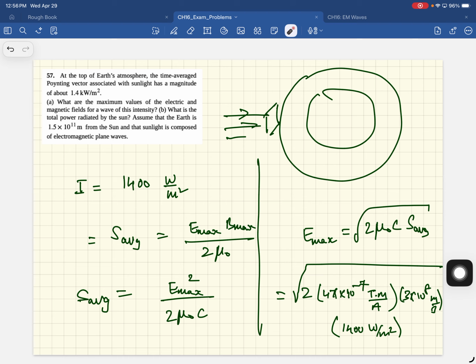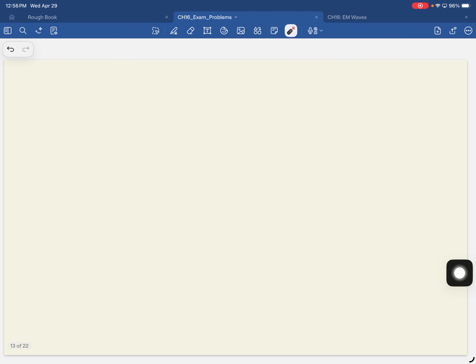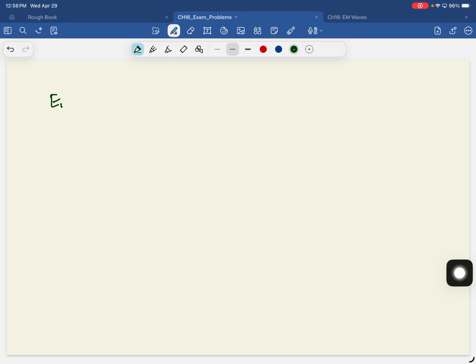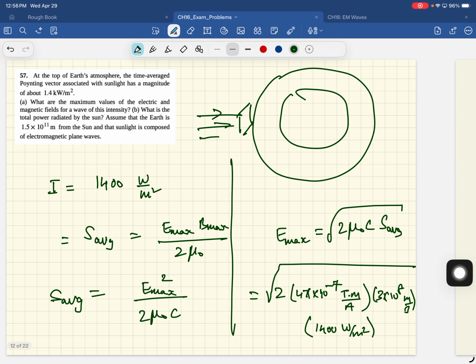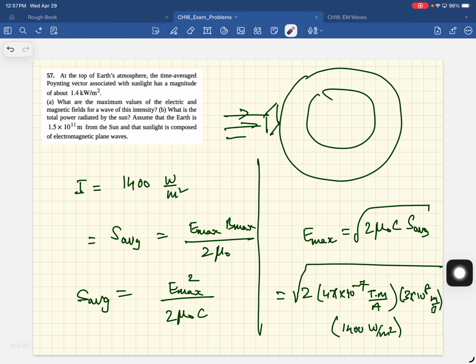So E max is equal to 10 to the 2 volt per meter times the square root of 8 pi times 3 times 1.4.